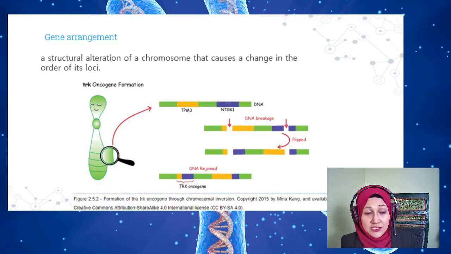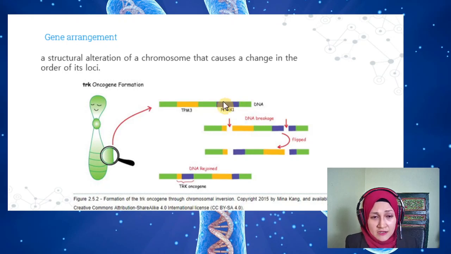The last one is the gene rearrangement. So there is a structural alteration of the chromosome that causes a change in the order of its loci. For example, here in this location of the chromosome, it consists of two genes, TPM3 and NTRK1, for example.